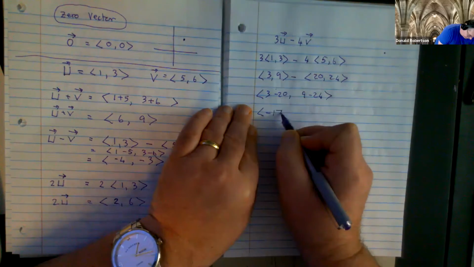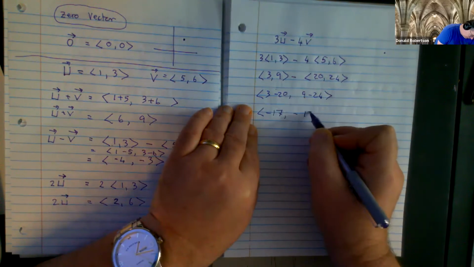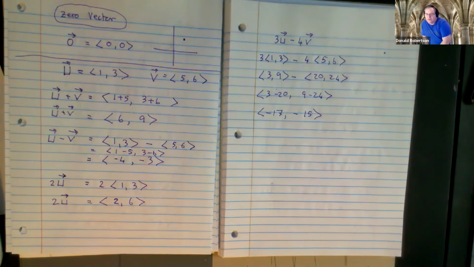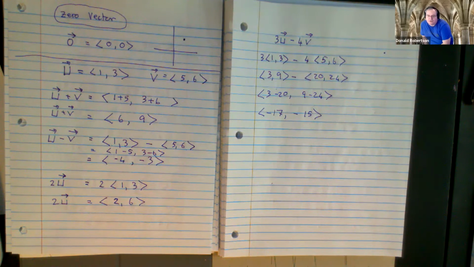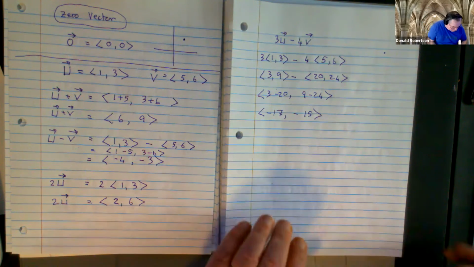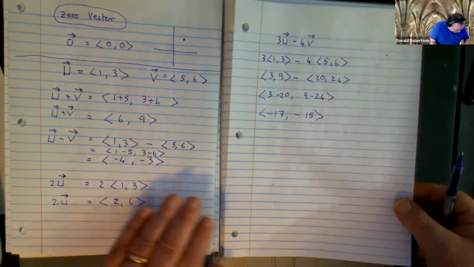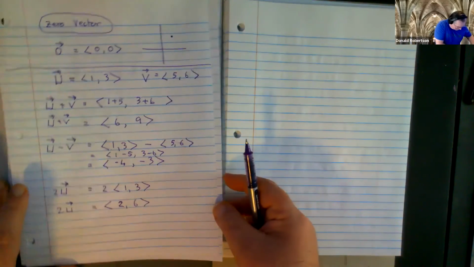This gets me -17, and I believe this gets you -15. Does that intuitively make sense? That's essentially the algebra of vectors: how you add, subtract, and multiply vectors and combine them in a way that makes sense. Any problems so far, or does that seem reasonable? Let's try and show you visually what some of those calculations would be.